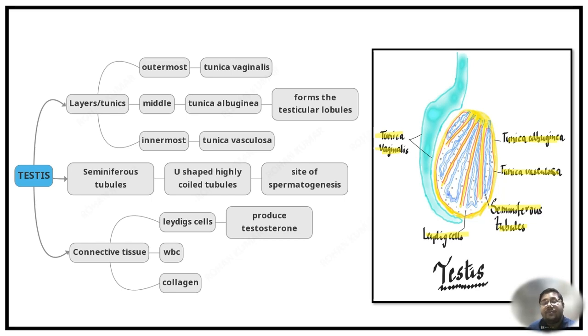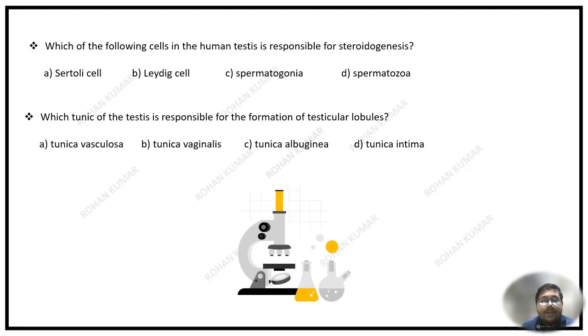Now let us do some questions from this topic. So we have 2 multiple choice questions over here. The first question asks which of the following cells in the human testis is responsible for steroidogenesis. So basically the question is asking which of the following cells present in the human testis produces the sex hormones.